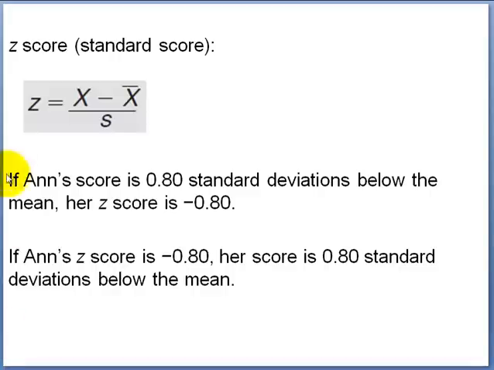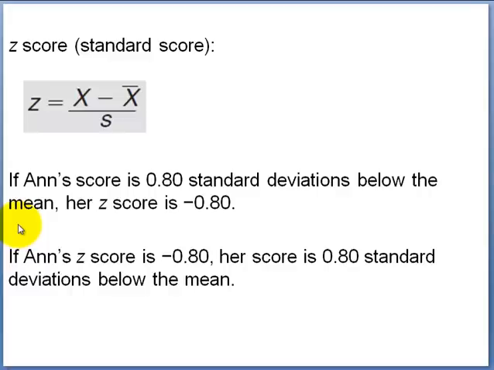How does one compute a case's z-score, also known as a standard score? Here's the formula. Z-score equals the case's score or value minus the mean, divided by the standard deviation. And the bottom half of this slide is just repeating some material conveyed from the prior slide.